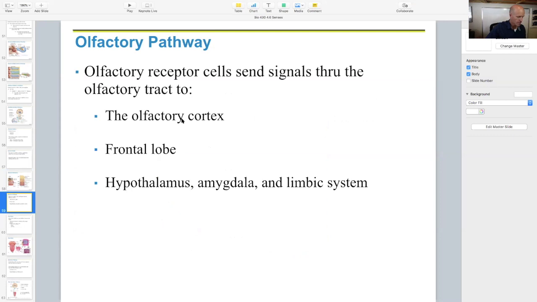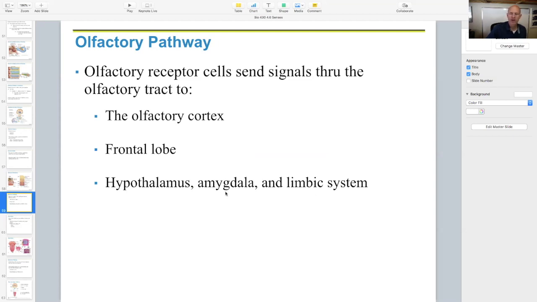The olfactory cortex is sitting in our temporal lobe as well. But we're also taking some of that information and bringing it to the frontal lobe, and that's where we can recognize what we're smelling. And it brings us into the amygdala, limbic, hypothalamus situation. This is emotion, and that's why smells tie into emotions quite a bit. Smelling home-baked cookies reminds us of our grandmother.